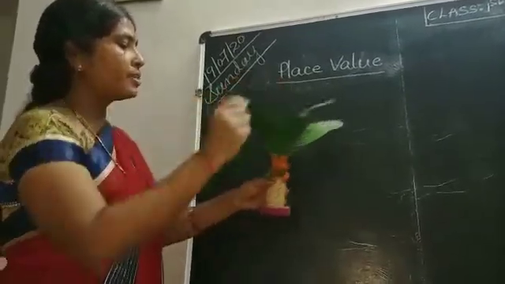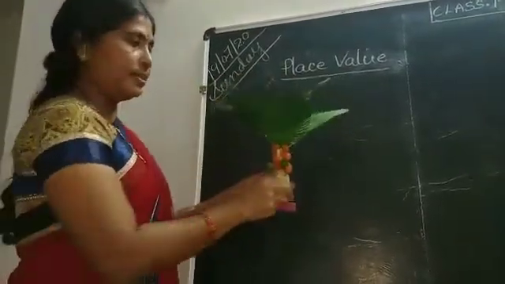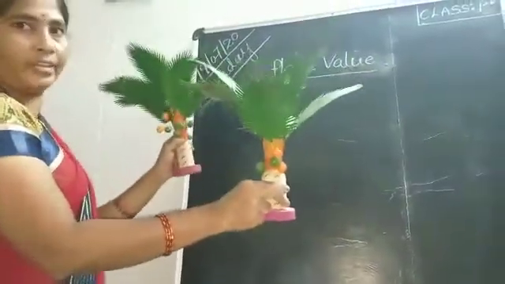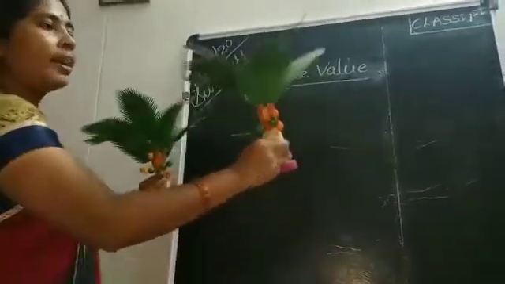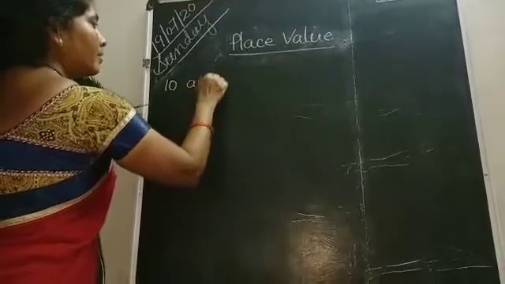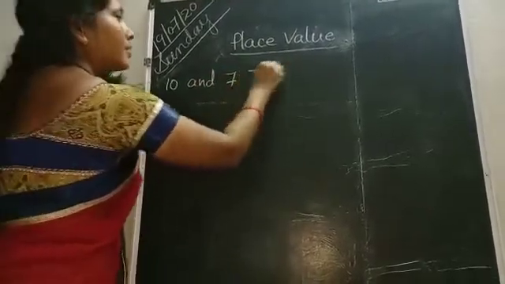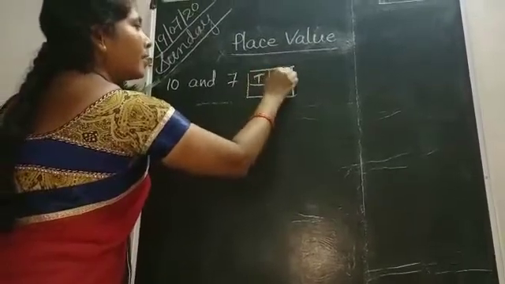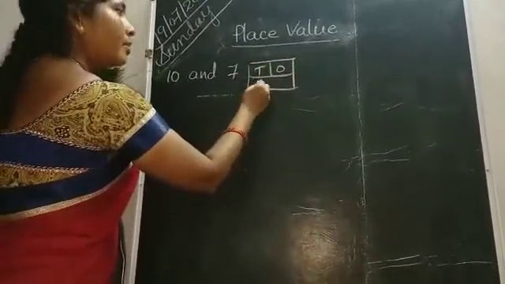See how many ones? 7 ones. It is one 10 and 7 ones. Tens and ones. How many tens? 1.